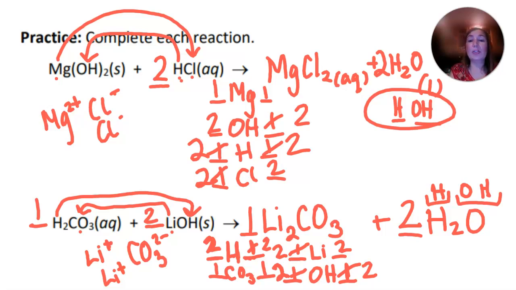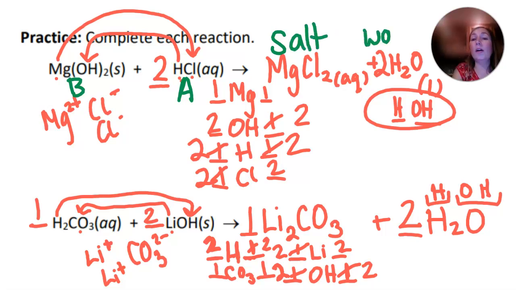Okay, so let's go back and actually label our salt in each of these, because remember, in acid-base reactions, there's always an acid that starts with H plus. There's always a base, oftentimes has hydroxide, and you always make a salt and water, H2O.